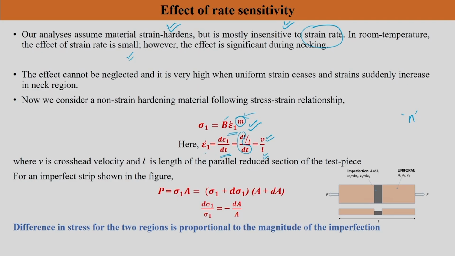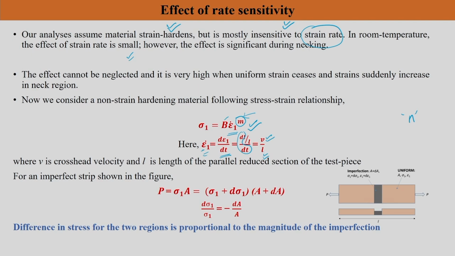So you can get the true strain rate from these two values. You can see that epsilon 1 dot depends on the cross-head speed and the instantaneous gauge length L, because it is a true strain rate.